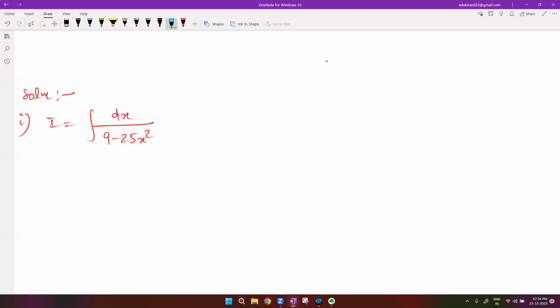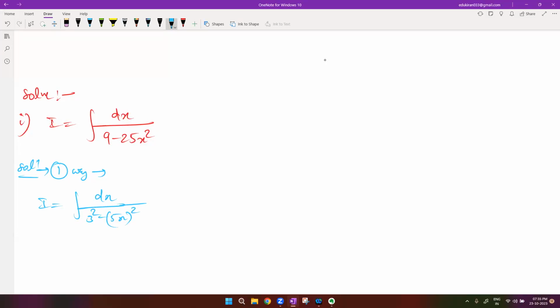No. Okay, good. Yeah, Shahid, correct. A is 3 and x has been changed to 5x. It is 3 square, not 9 square, Shahid. So you can approach this in two ways. First way is you just use the formula directly. So this is nothing but I equals dx by 3 square minus (5x) whole square.